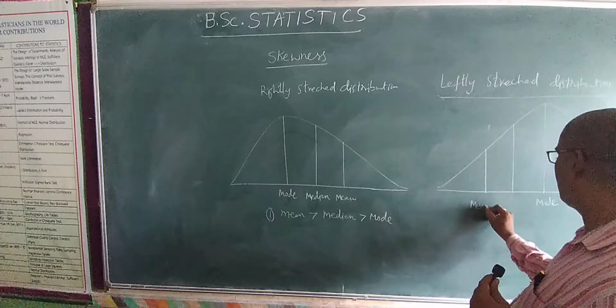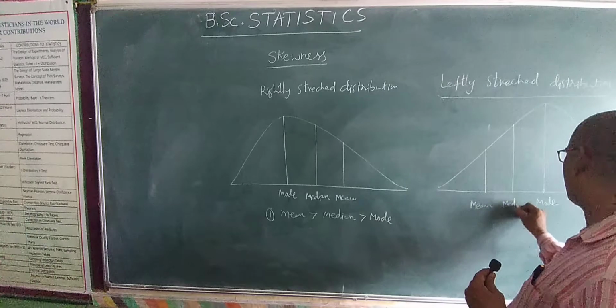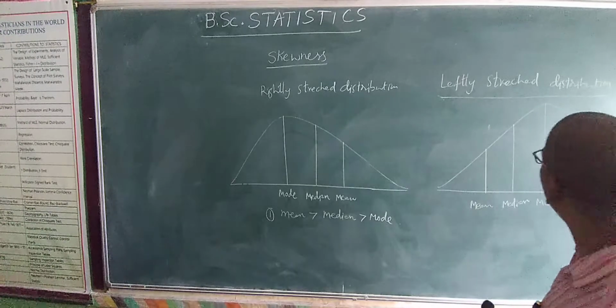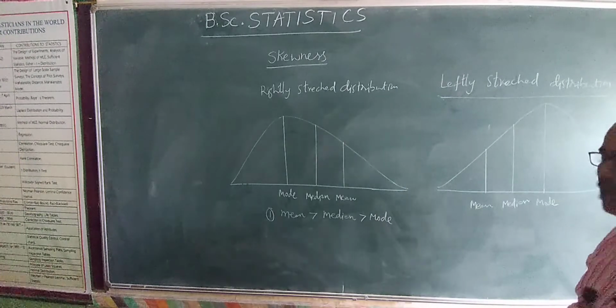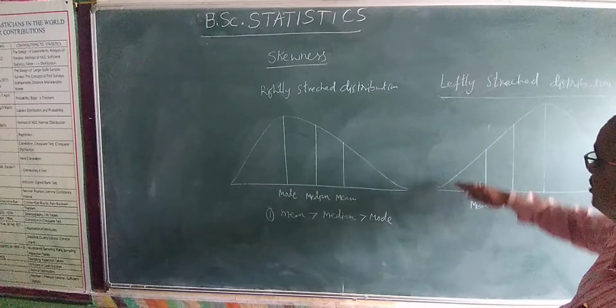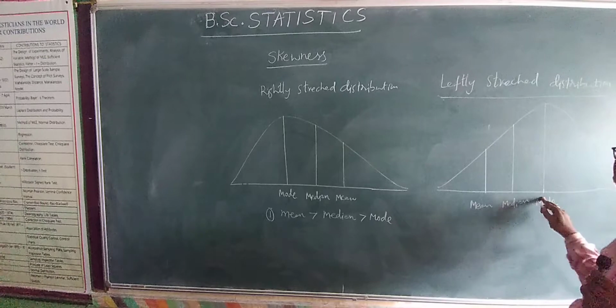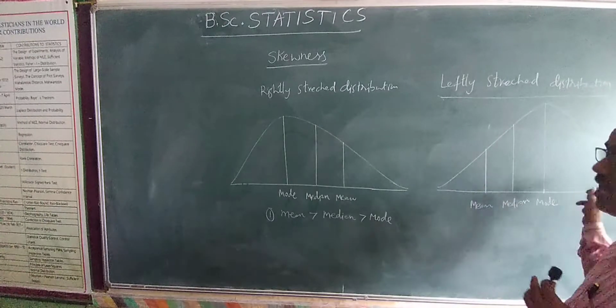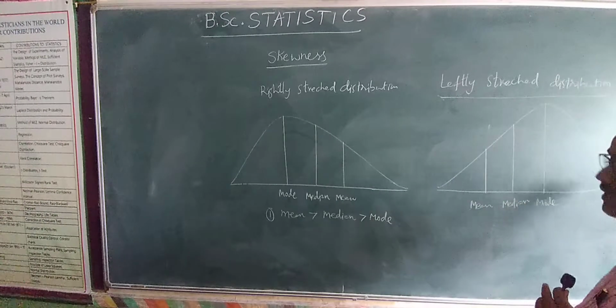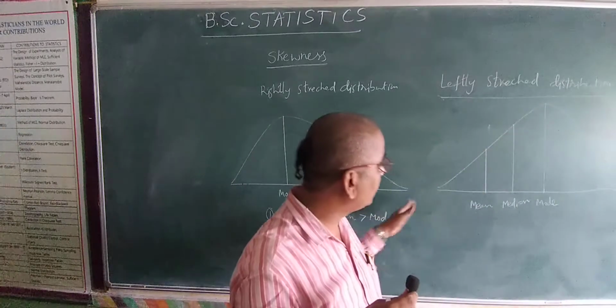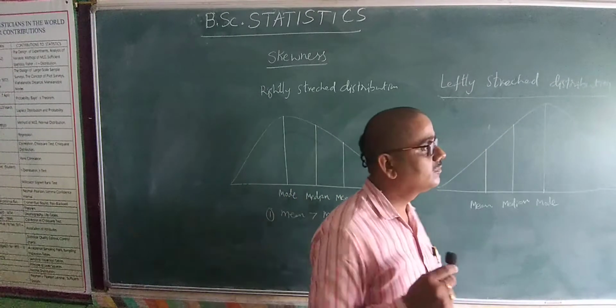Similarly, the mean and median are considered here on the left-hand side, leftly stretched. The mean, median and mode are three particular points I have specified here, and graphically the relation is an increasing trend.